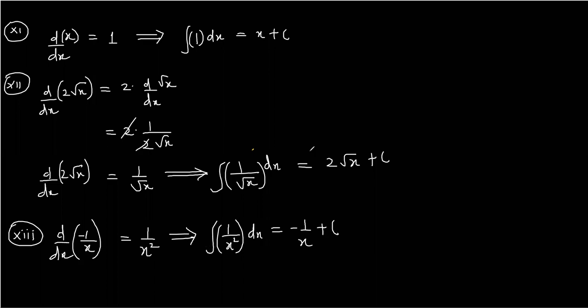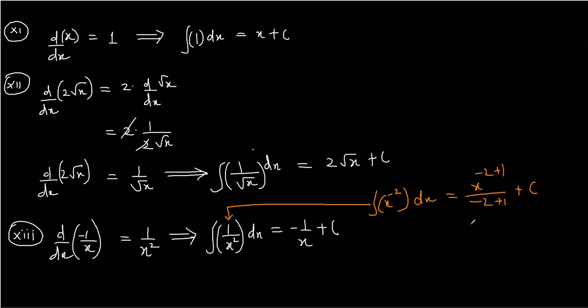Okay, once again, one can definitely say that I will integrate 1 upon x square by writing x raised to minus 2 dx. Then I will write x raised to minus 2 plus 1 upon minus 2 plus 1 plus c. Then I will get x raised to minus 1 upon minus 1 plus c.